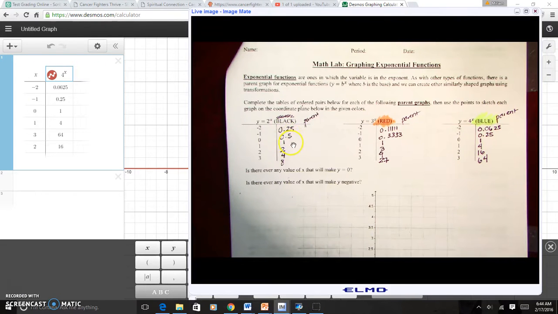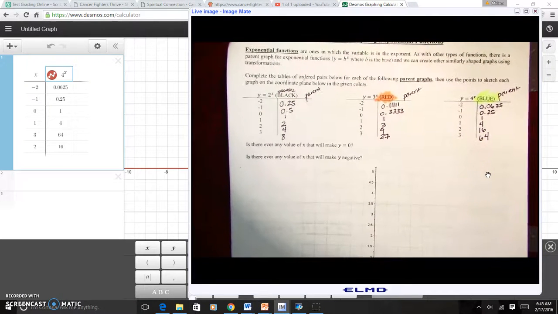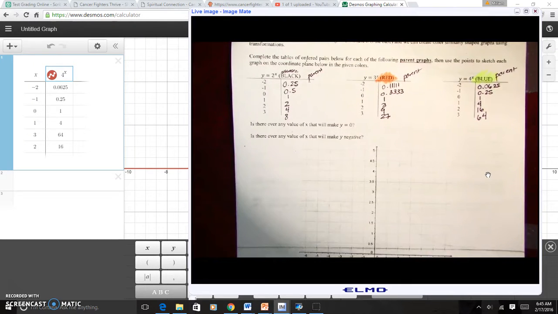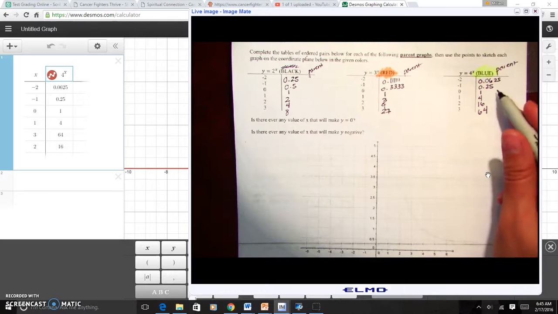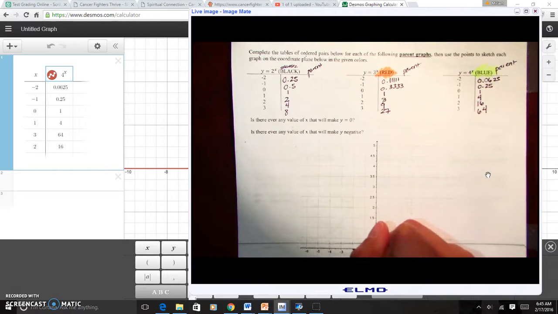I want you to plot each of these points. We've got to be real careful since they're not exact. So I'm going to plot -2, 0.0625. So it's going to be a little bit like right here, the -1 and 0.25.